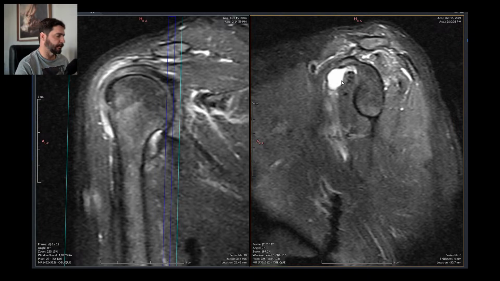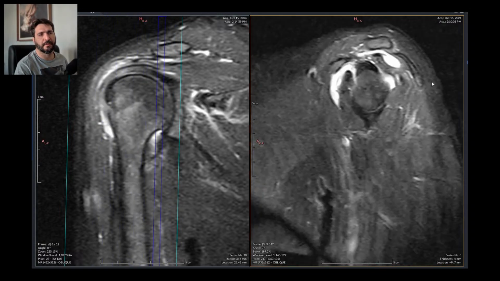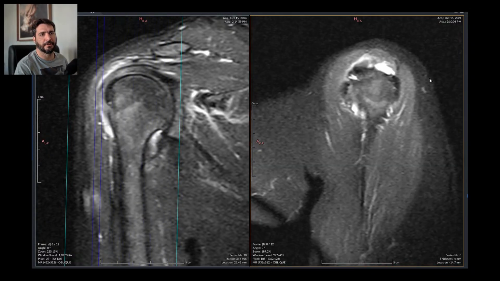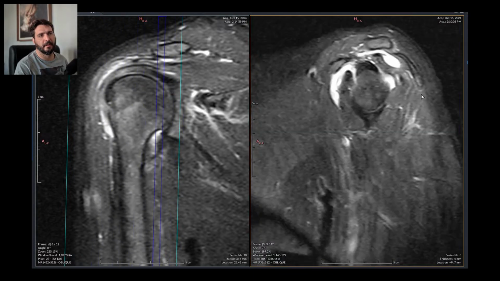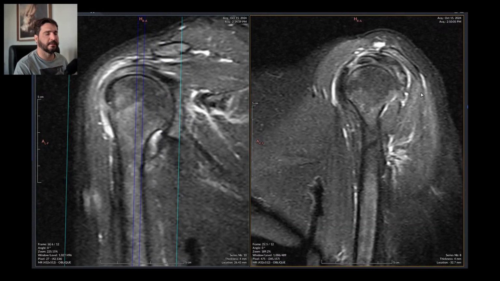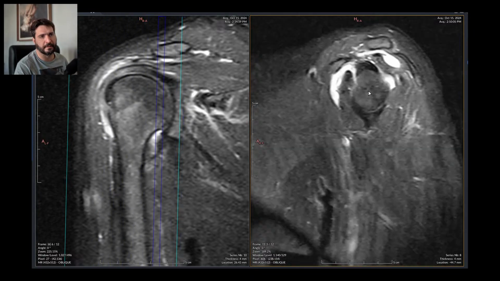We usually don't do T2 on bones and joints unless in some particular cases where we want to see the T2 appearance of a lesion for some reason, but we usually do just PD, which is fine most of the time, but it needs to be done with fat saturation. If it doesn't, it makes no sense.